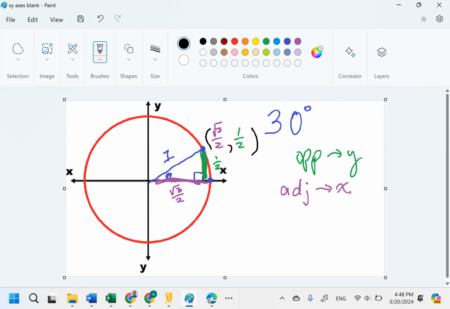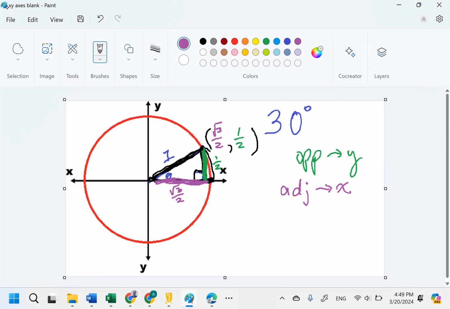So what we've done so far is said there's a 30-degree angle. So we'll open up a 30-degree angle from the x-axis and the origin and go up 30 degrees. And then from there, we'll stop and we'll draw a vertical line down to the x-axis for our right angle, and then also connect to the origin for our hypotenuse, and then label our opposite side, opposite from our angle theta, and our adjacent side that is next to our angle theta, like that.